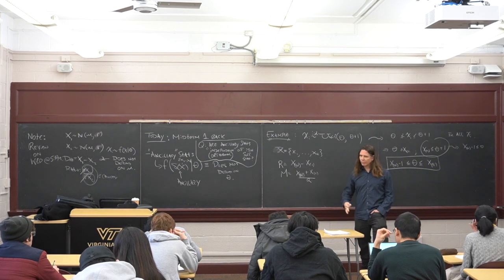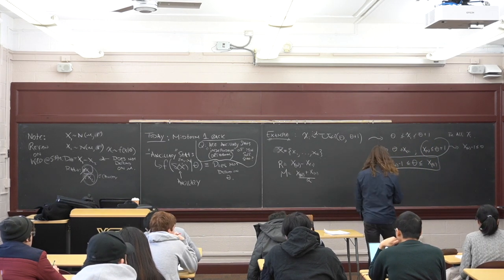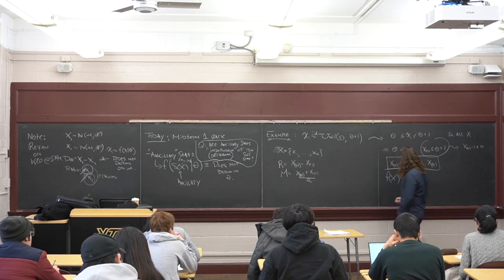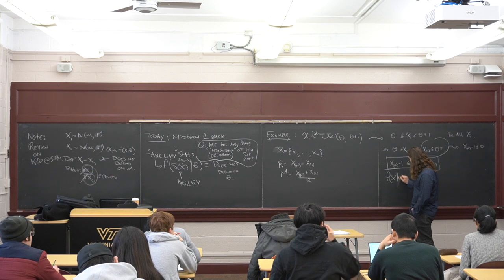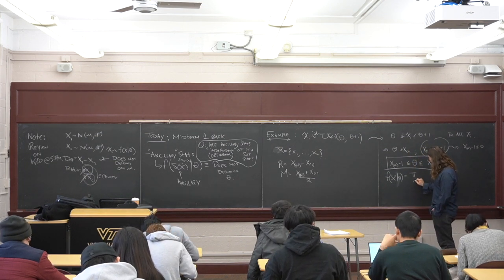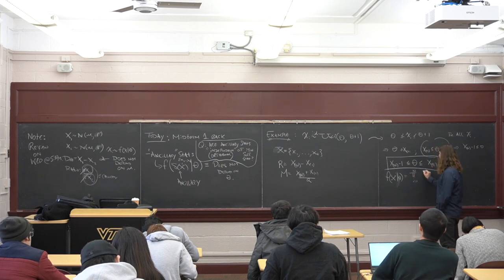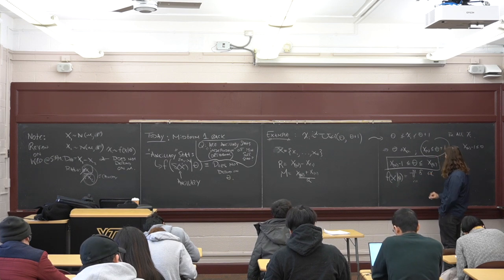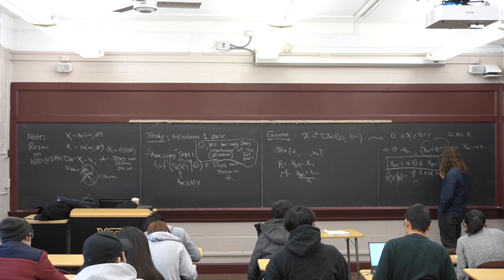All useful stuff. So we might write down our distribution f of x given theta. This is going to be equal to the product, i goes from 1 to n, of these little indicator functions where the xi's are between theta and theta plus 1.